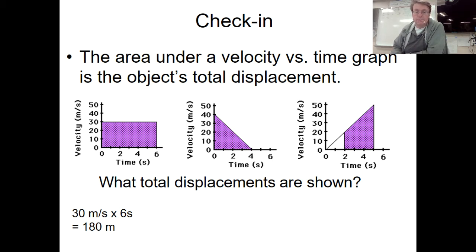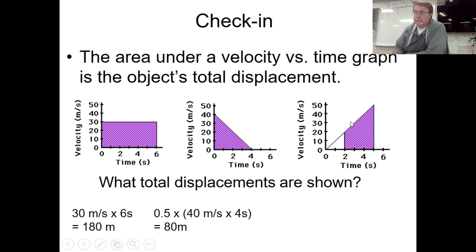But to find this area, you'd have to do a triangle. So it's height times width divided by 2. So how much displacement is the second one? All right, so the height is 40 meters per second, width of 4 seconds. 40 times 4 is 160, divided by 2 because it's a triangle, and you get 80 meters of displacement.